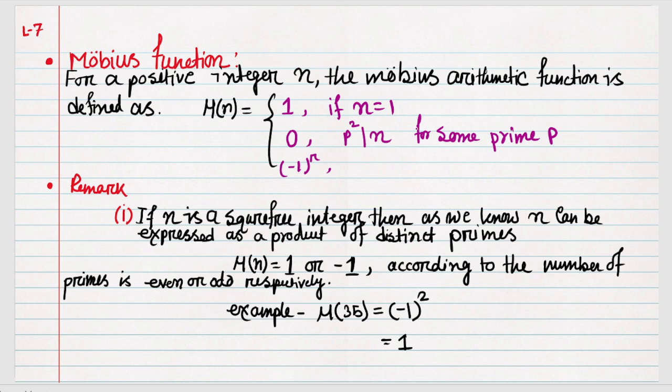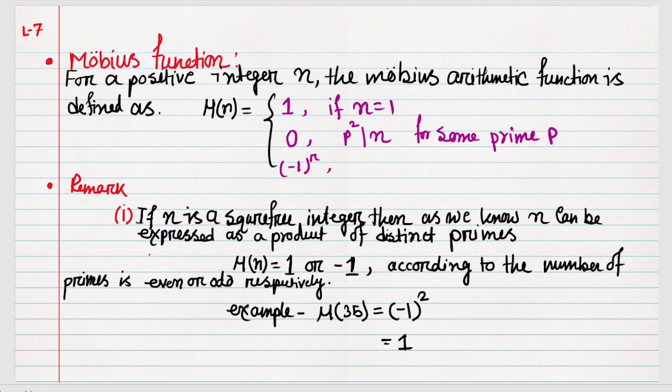So if n equals 1, then the value of mu of n is always equal to 1, and the value of mu is always equal to 0 if p square divides n. That means, in a statement, we can say that if n is not a square free integer, then the value of mu of n is always equal to 0.